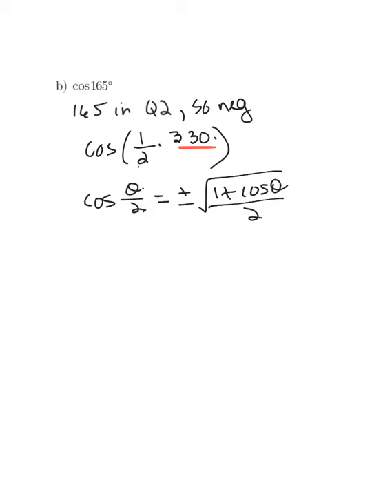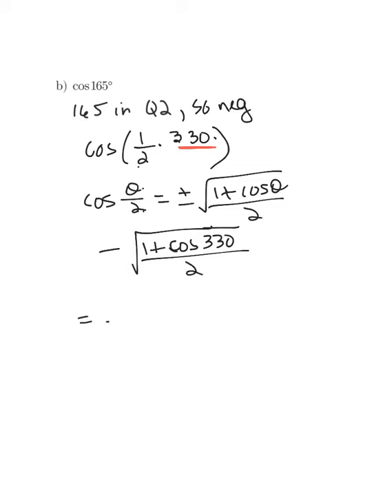So we said that this needs to be negative, and then we're going to have the square root. We're going to do 1 plus the cosine of what we said theta is, 330 degrees, divided by 2.